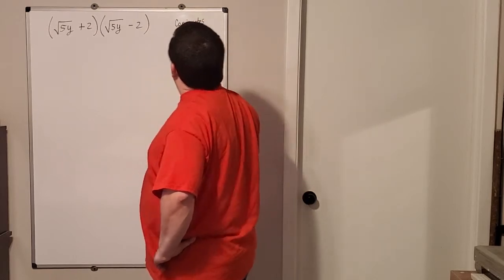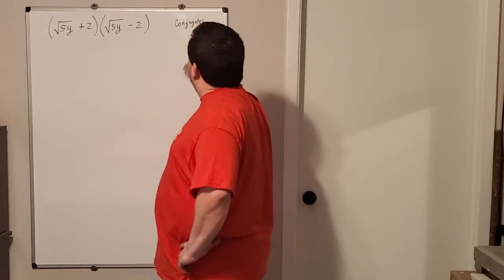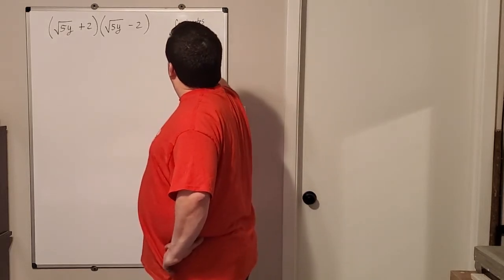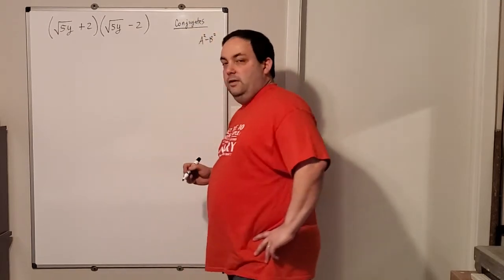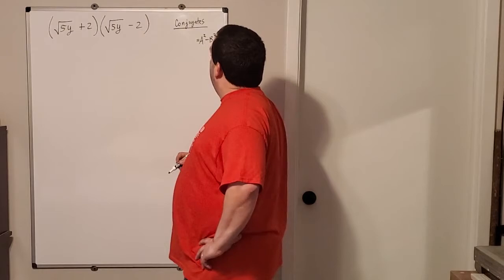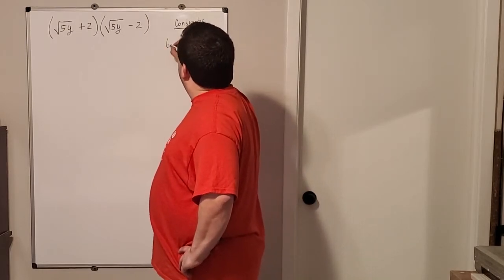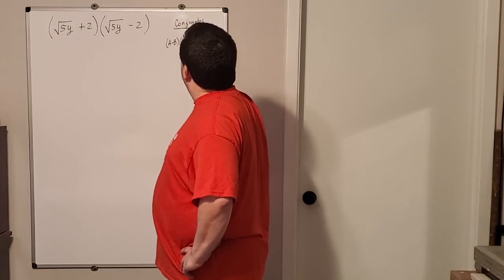Okay? And you would have seen this word before when we talked about the difference of two squares, right? A squared minus b squared when we did our factoring lessons, right? And don't forget that a squared minus b squared factored out into a minus b times a plus b, right?